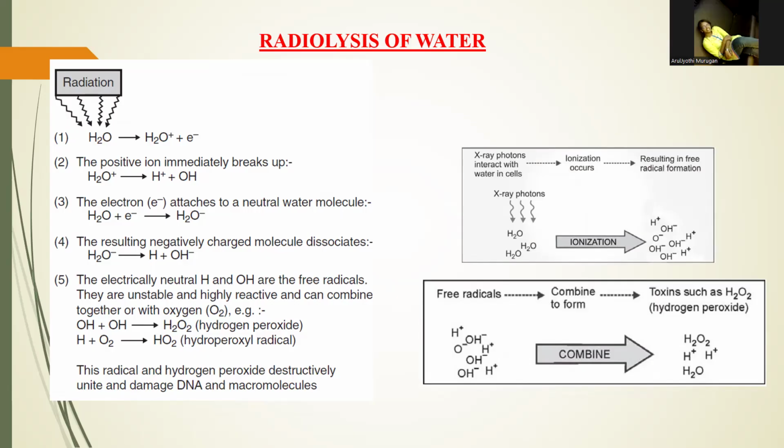The water molecules, on interacting with the X-ray photons, on ionization will form H plus and OH minus ions, which are known as free radicals. These free radicals will combine to form toxins like hydrogen peroxide, which will in turn affect the DNA and macromolecules.